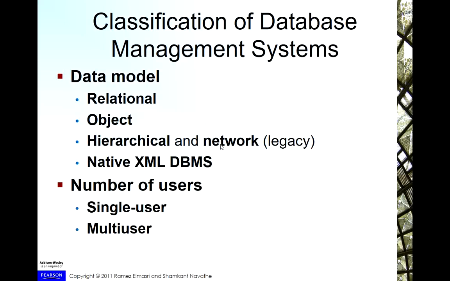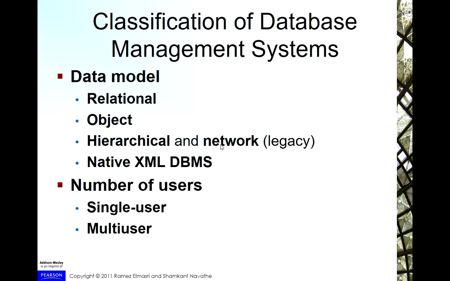I'd like to classify database management systems in terms of these data models. You can say the data models are the relational data model, or object data model, or hierarchical and network, or native XML database management system. And the most common one, as I said, is relational. The more advanced is object oriented.